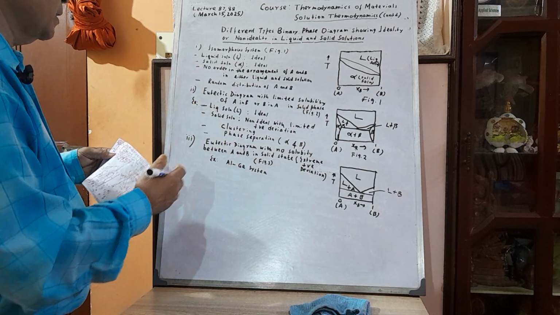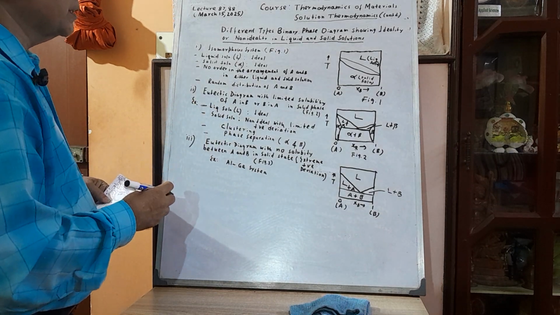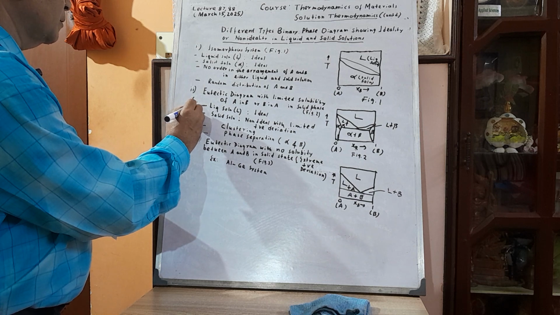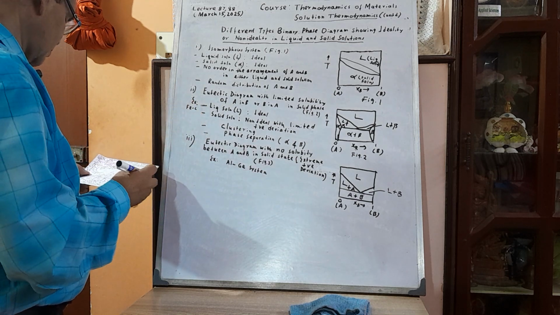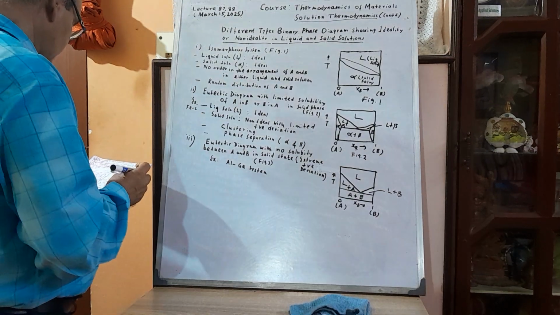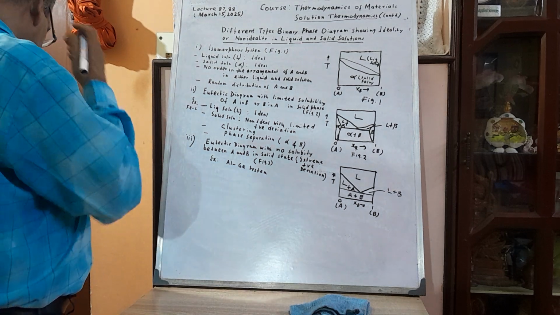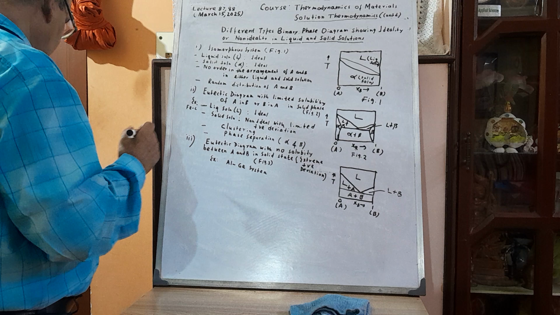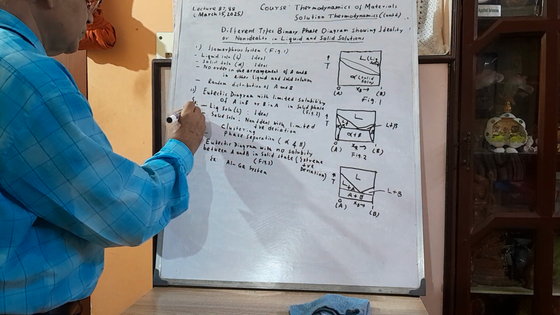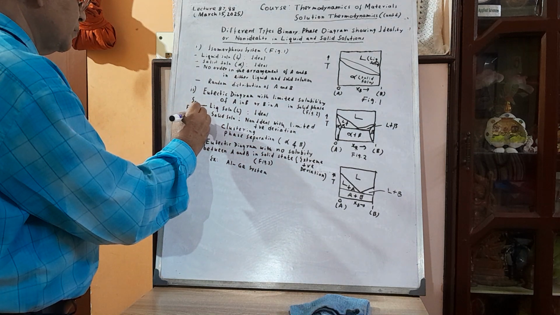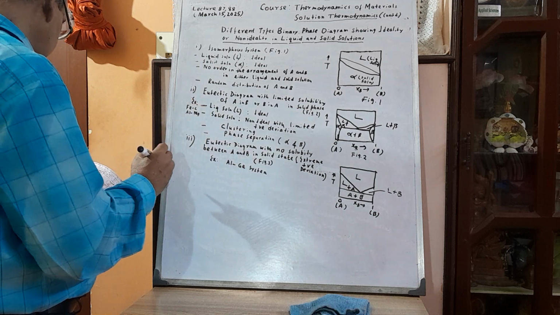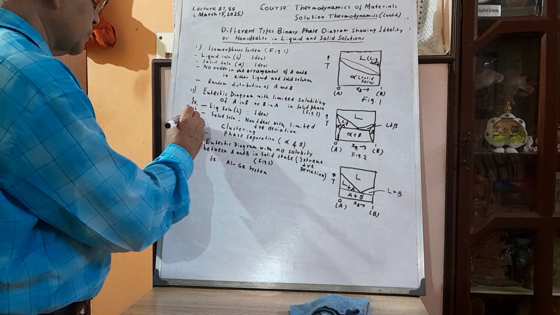I don't have space here. Example is eutectic diagram with limited solubility, iron carbon, but there are others also: aluminum magnesium and copper silver.